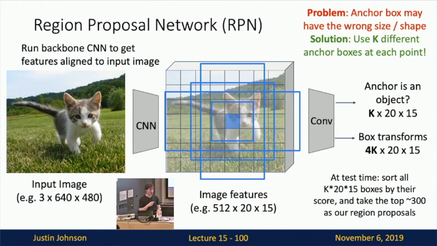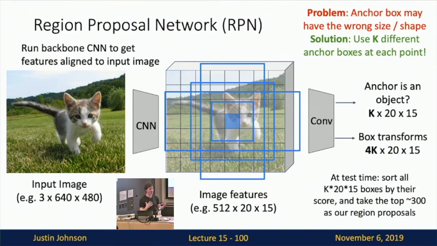But again, oh yeah, question? Oh yeah, so the question is, for anchor as an object, should it be k or 2k? Yeah, it's a bit of an implementation detail. So the original paper has 2k, so there they output a positive score and a negative score, and use a softmax loss. What we've done equivalently is output a single score where high values mean that it's positive, low values mean that it's not an object, and use a logistic regression loss instead.